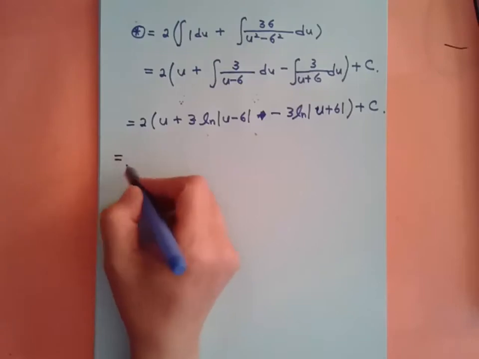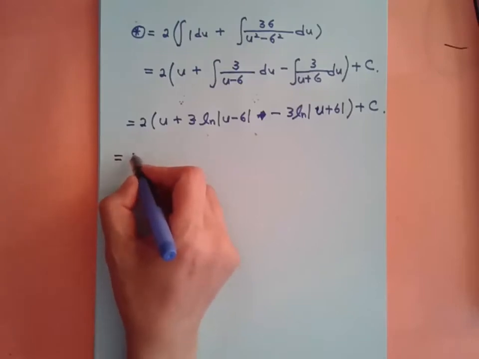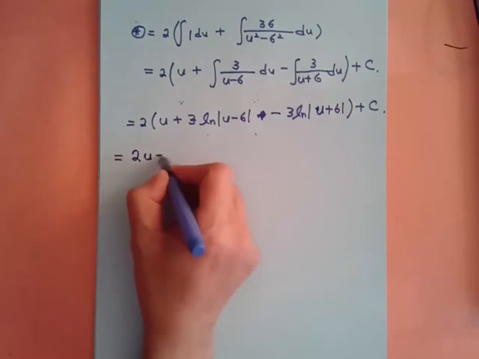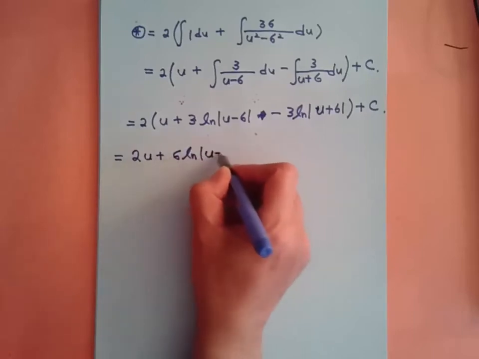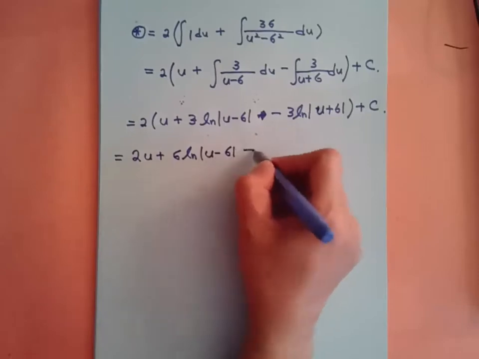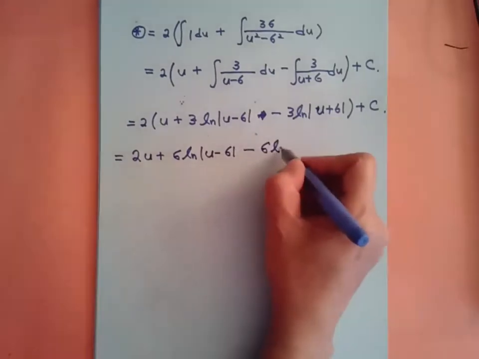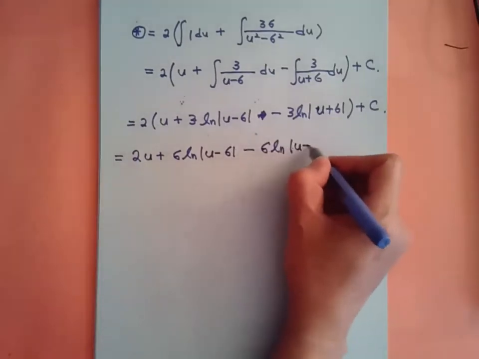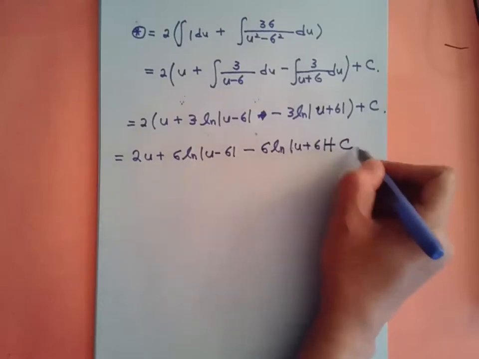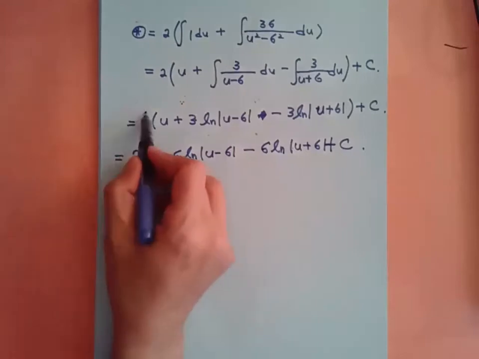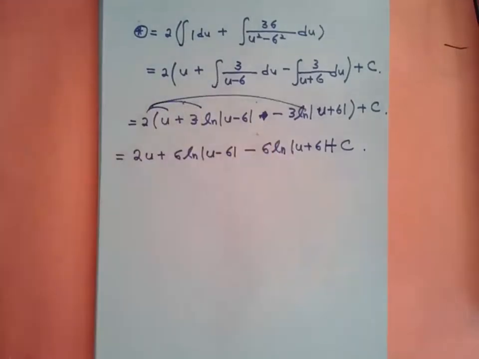So we can just expand that out. Then we have 2u plus 6 natural log of absolute value of u minus 6 minus 6 natural log of absolute value of u plus 6 plus c. So it goes like this.